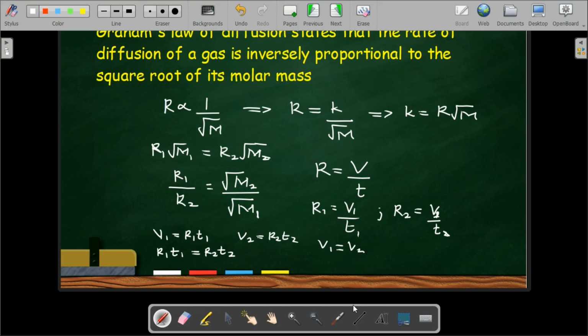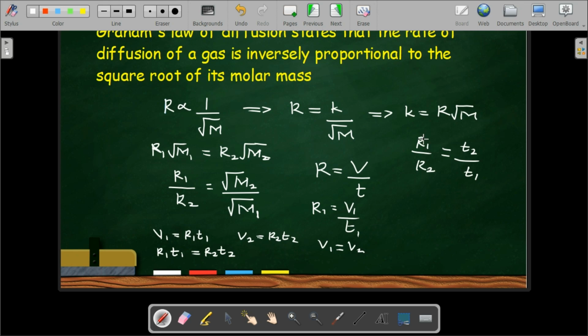The consequence of that is that if we rearrange, we could say R1 over R2 is exactly equal to T2 over T1.